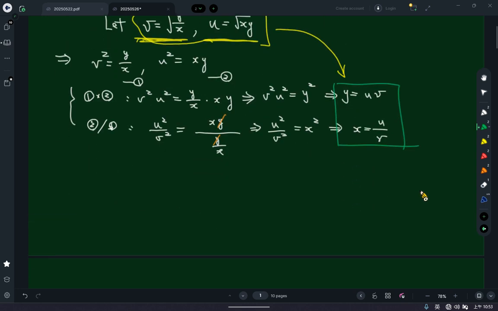So that we can calculate its Jacobian. The Jacobian of uv is equal to partial x partial u, partial y partial u, then partial x partial v, partial y partial v.